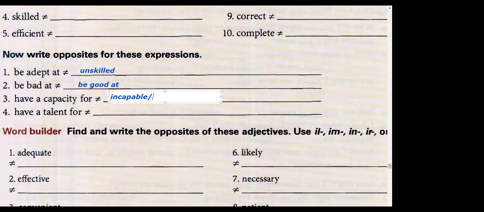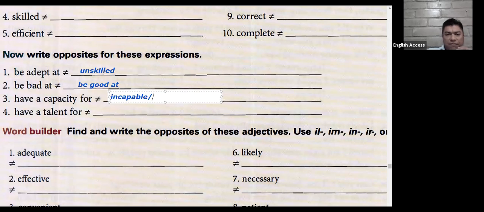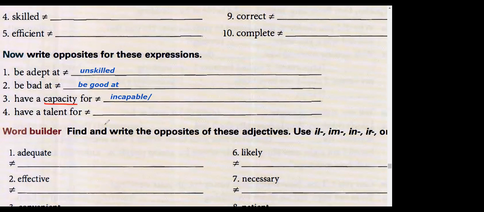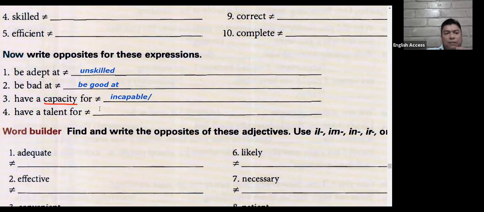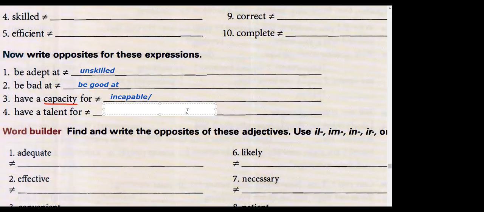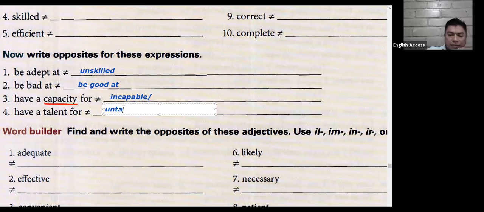For example, I have a class with you guys from 4:30 to 6, so I'm not able to take another class at that hour. So it's not the ability, it's the lack of time. Incapable is more with the words of the capacity. And number 4, untalented. Yes, good.